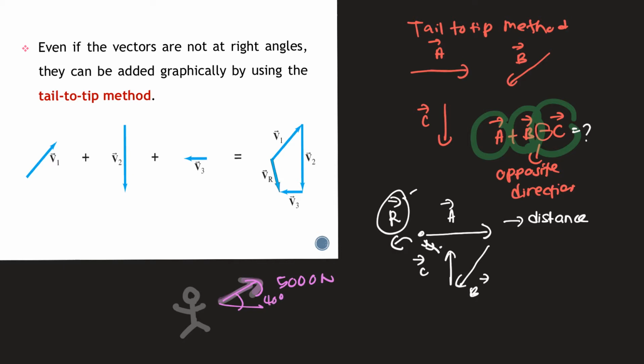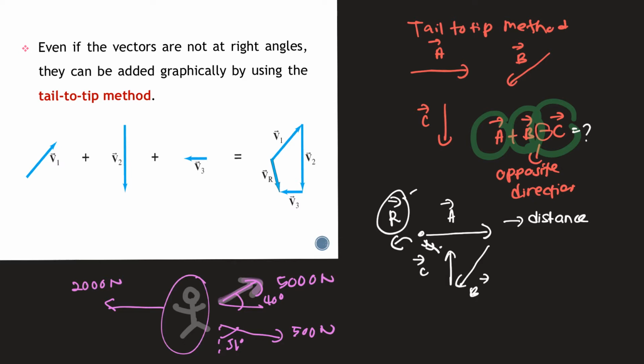And then there's another fan pulling in this direction, 2,000 Newton, and another fan pulling in this direction, 500 Newton with the angle of 51 degree. So the final result, which direction is this person going to be pulled?